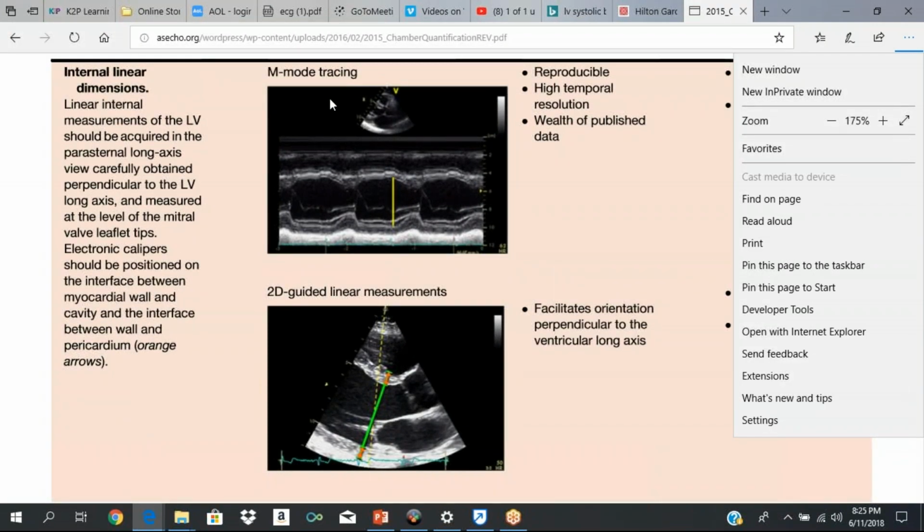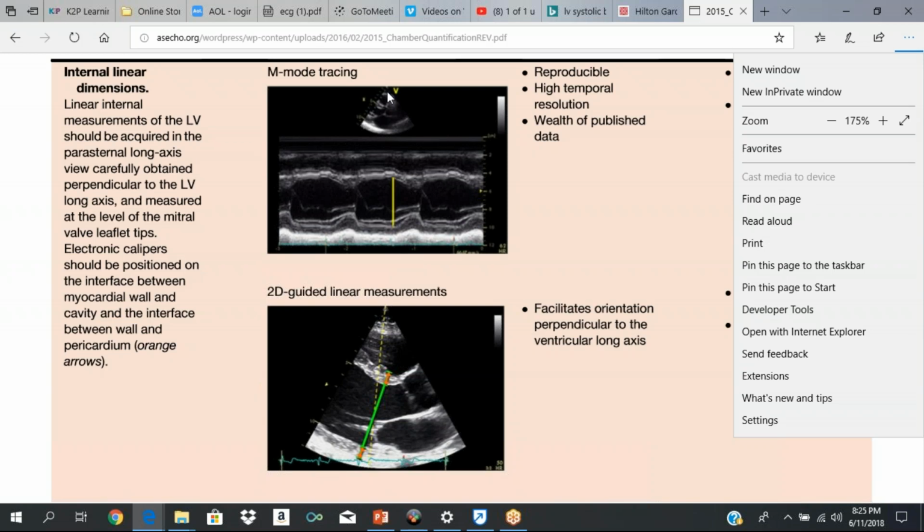All right, so this is your M mode measurements. Your two-dimensional echo is on top, your cursor is across the LV cavity. The cursor shows you the structures that the ultrasound beam is passing through.